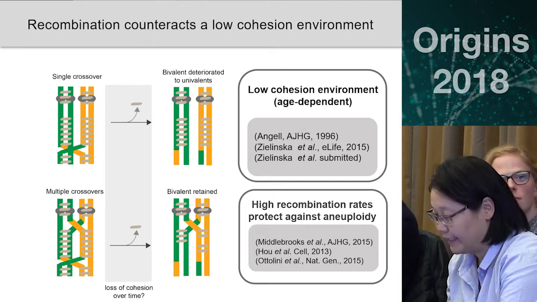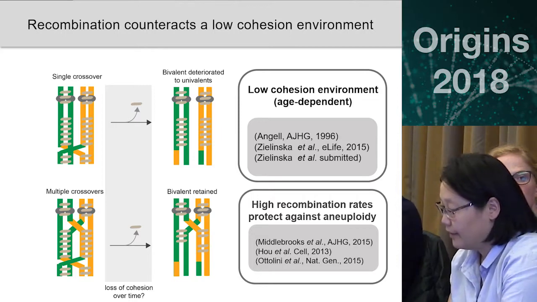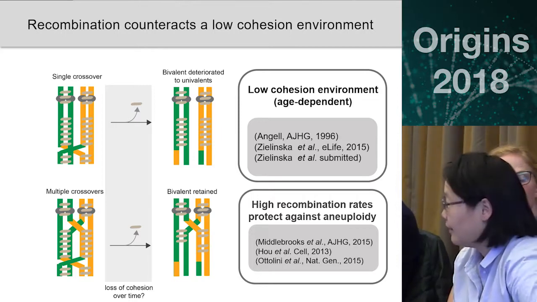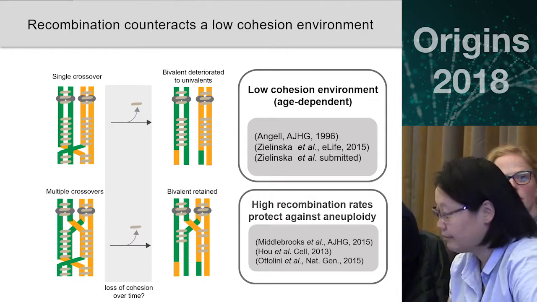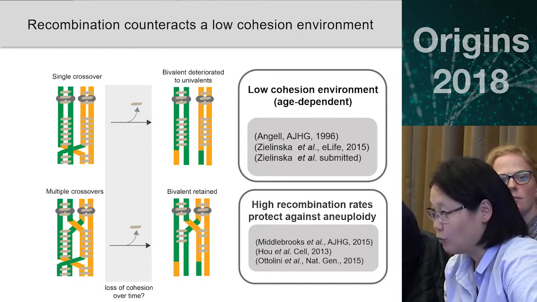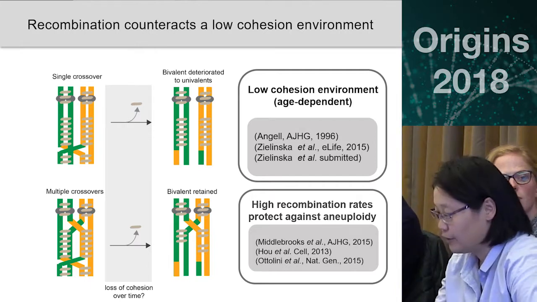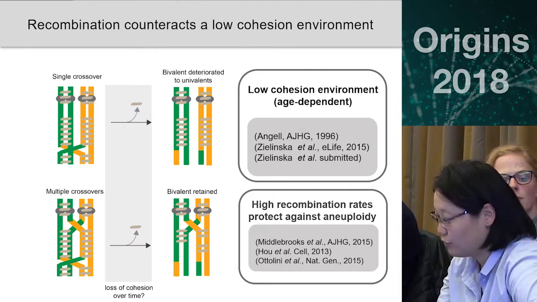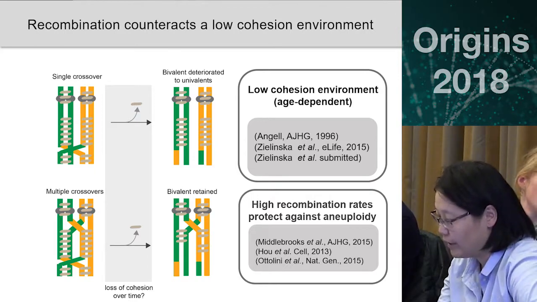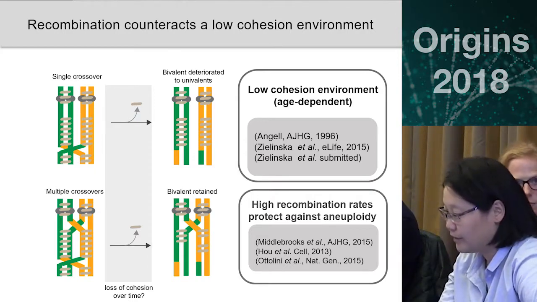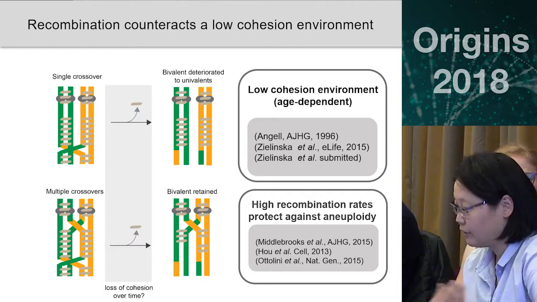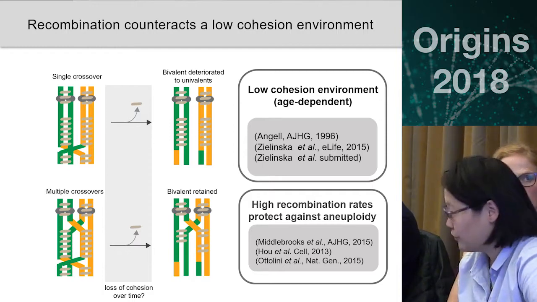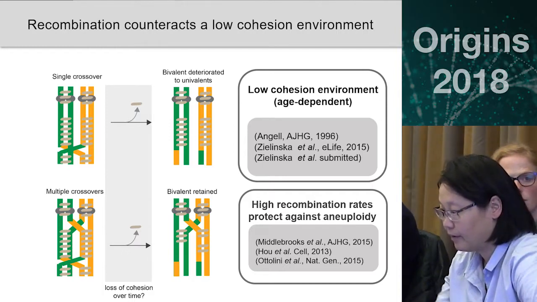And we showed directly in eggs together with Alan that eggs that have higher recombination rates have better chromosome segregation outcomes in women of advanced maternal age. So I think the evidence for this two-hit model is building, and it's worthwhile considering and testing.